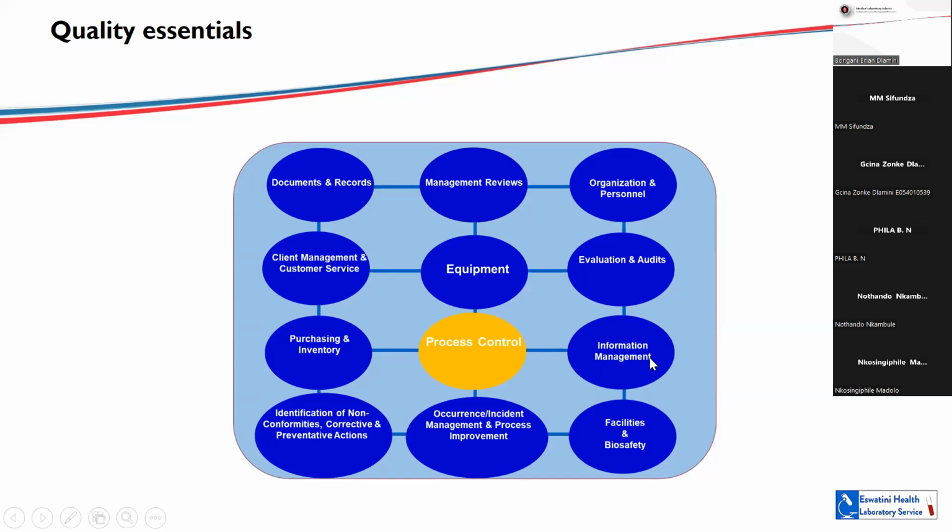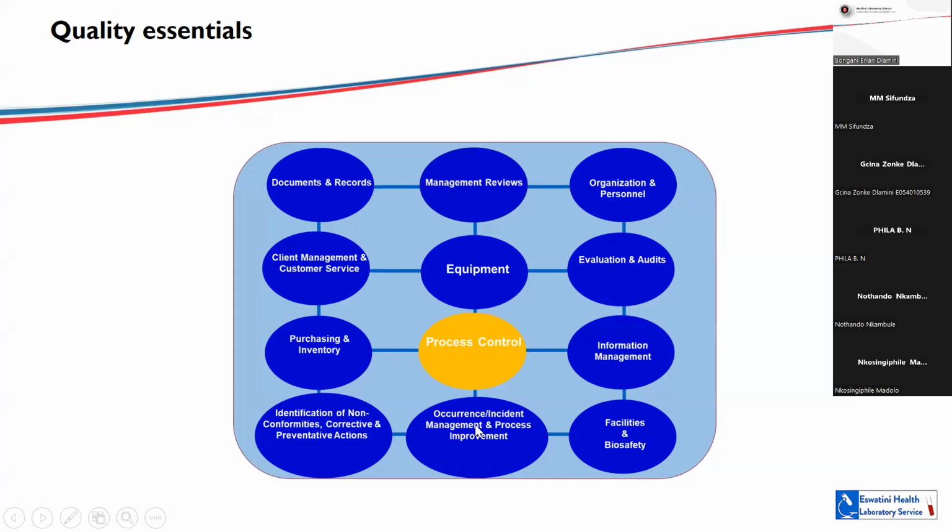Then information management, it looks at whether we use the electronic or the paper-based system, how we actually manage our information. Then the identification of non-conformities, corrective and preventative actions, how we actually work on those, how we close those gaps, how we improve from what was not okay.